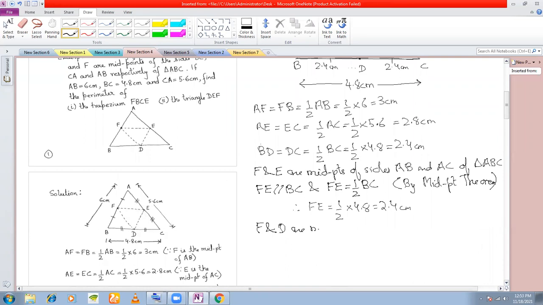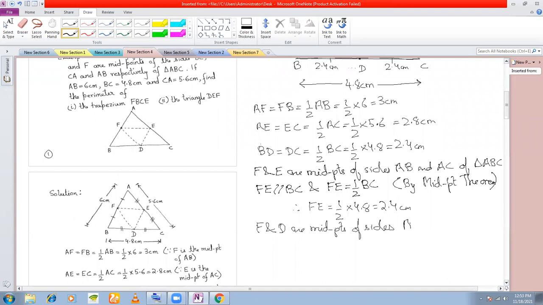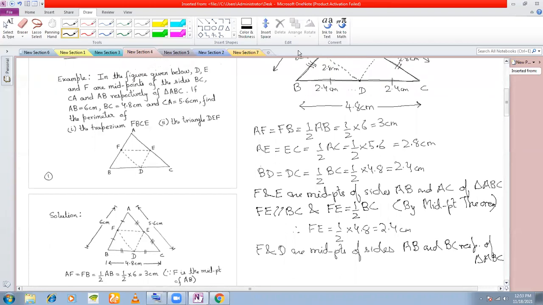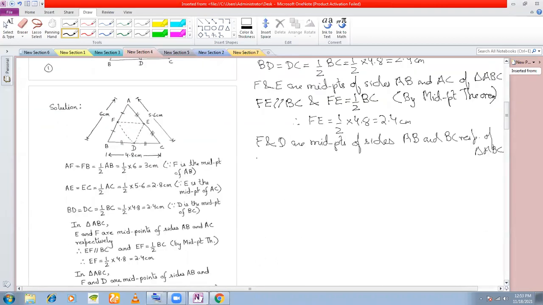So you'll write here F and D are midpoints of sides AB and BC respectively of triangle ABC. Therefore, what can we say? We can say FD is parallel to AC.